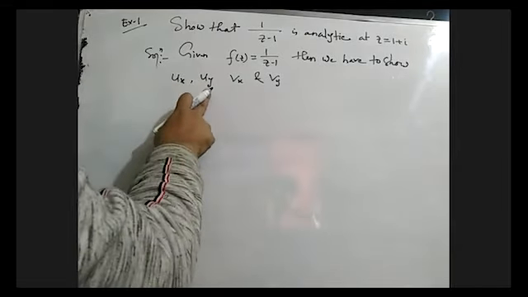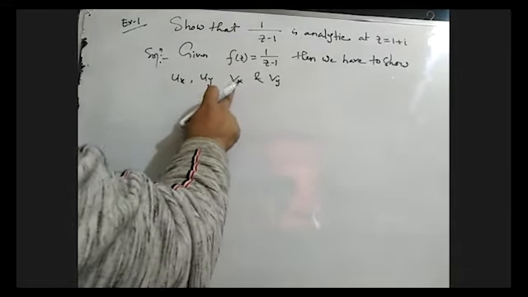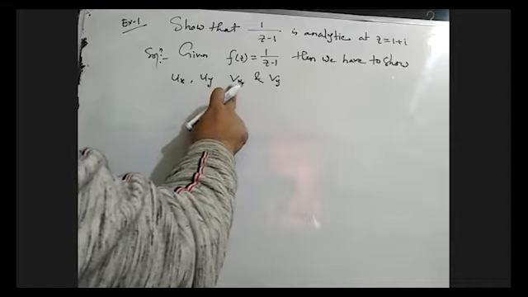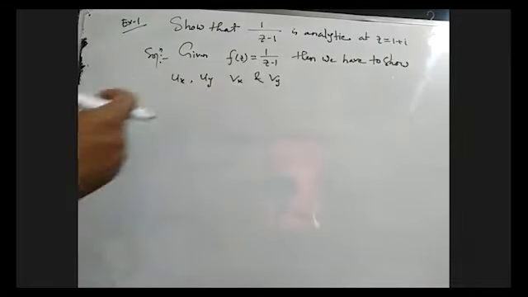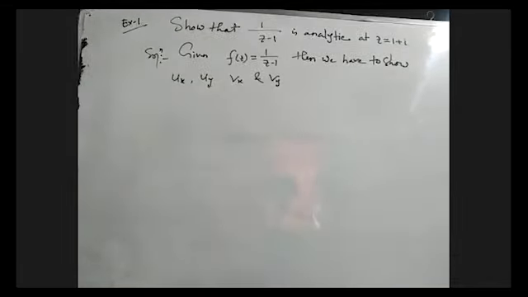Uy means the partial derivative of u with respect to y, vx means the partial derivative of v with respect to x, and vy means the partial derivative of v with respect to y.